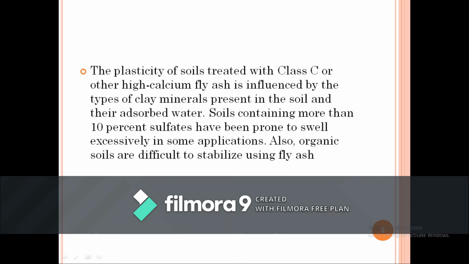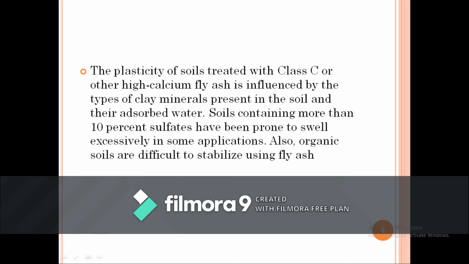We have different types of fly ash that are used in our normal constructions. See here, the main reason is that the type of fly ash depends upon the amount of calcium it has. The plasticity soils are treated with class C. This class C indicates high calcium fly ash. It is influenced by the types of clay minerals present in the soil and their adsorbed water.